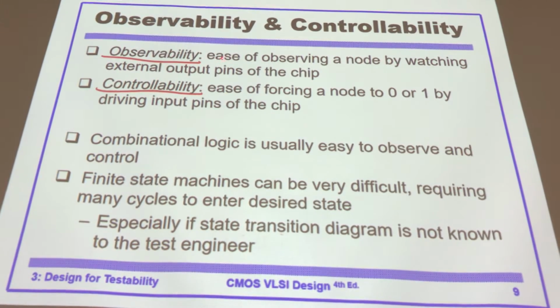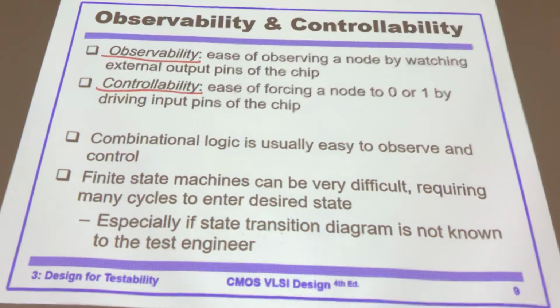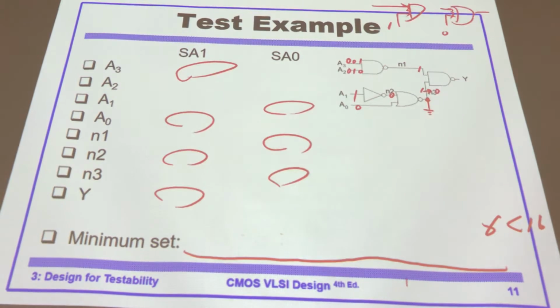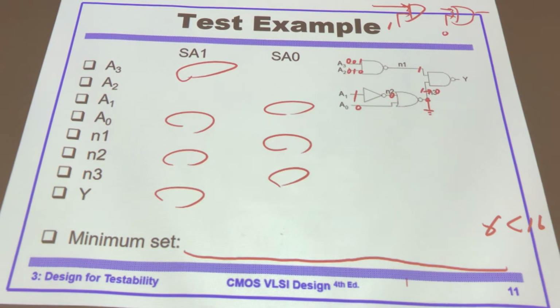Observability means ease of observing a node by watching the external output pin of the chip. What do I mean? It means how easily you can look at the output Y and know that some internal signal is wrong.